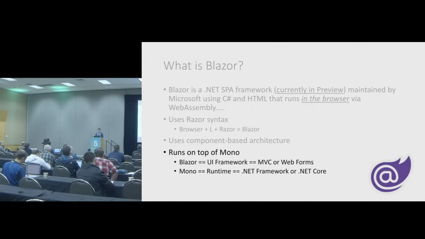So it's what powers Xamarin under the hood. So Blazor is kind of like your UI framework on top, so it's like your ASP.NET MVC or web forms. Sorry if that gave you some traumatic experiences when I said web forms. But so Blazor's sitting on top, and then you have Mono, your runtime, so that's like your .NET Core or your .NET Framework, and then Mono sits on top of WebAssembly. So it's Blazor on top, Mono in the middle, and WebAssembly on the bottom.